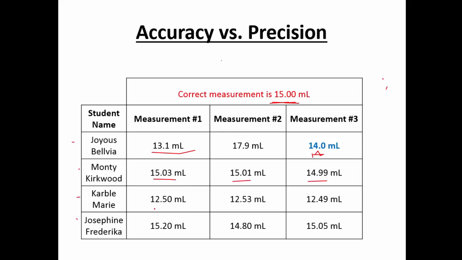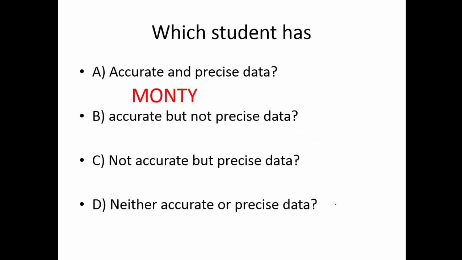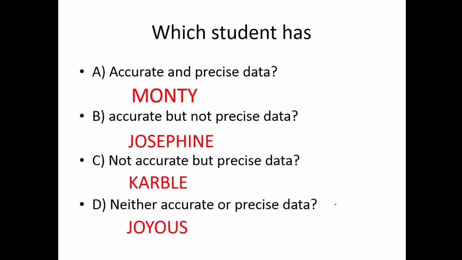Carbel's 12.50, 12.53, 12.49. All of them are very closely grouped together, but they're all off by about 2.5 milliliters. Neither accurate nor precise: when we look at Joyce, she's all over the map with those measurements.